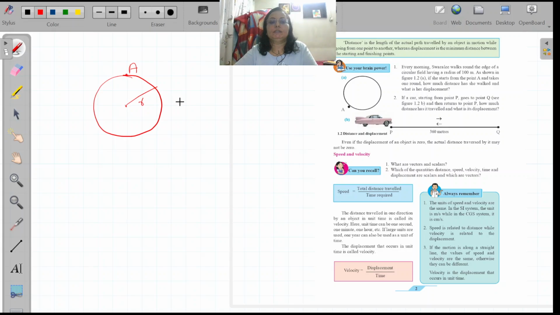We know that the perimeter of a circle is defined as 2 pi r. So the distance covered by Swirly is 2 pi r. And what is the time taken? Suppose the time taken is t. So what is speed? Speed is 2 pi r upon t, distance travelled upon time taken.